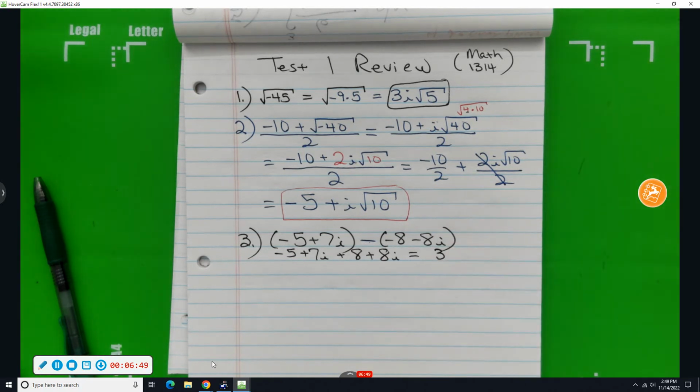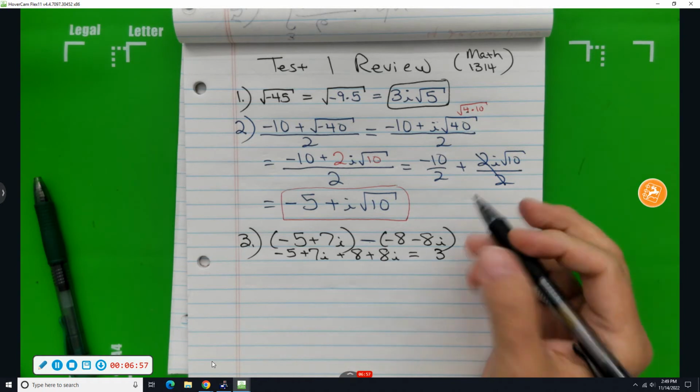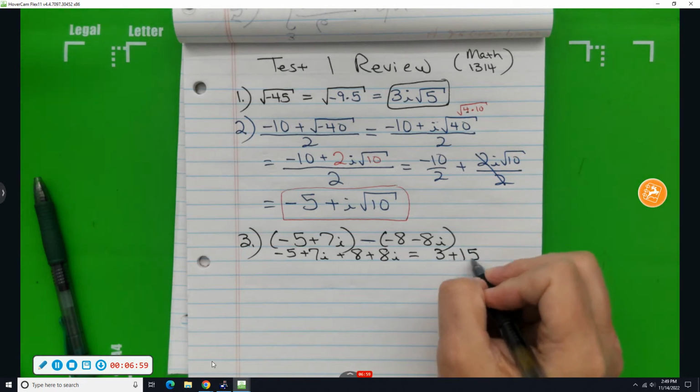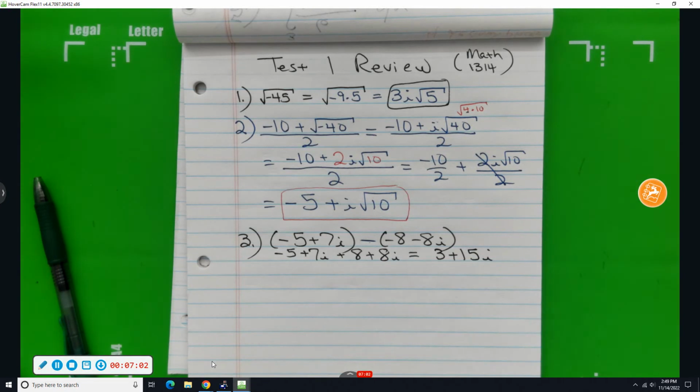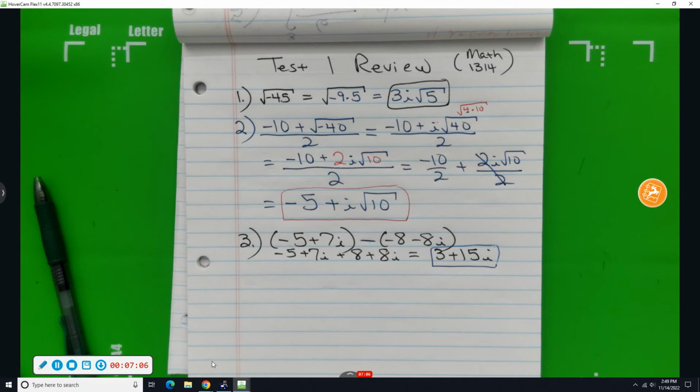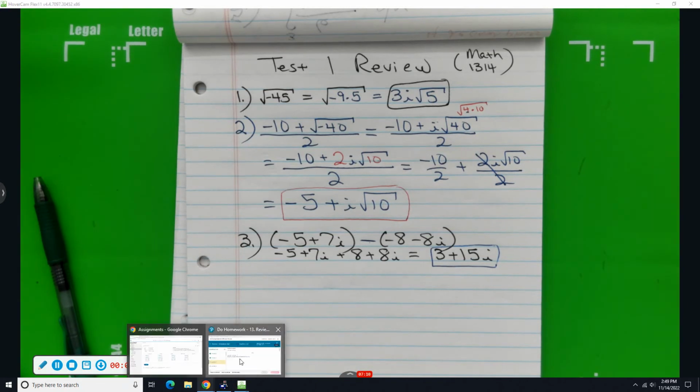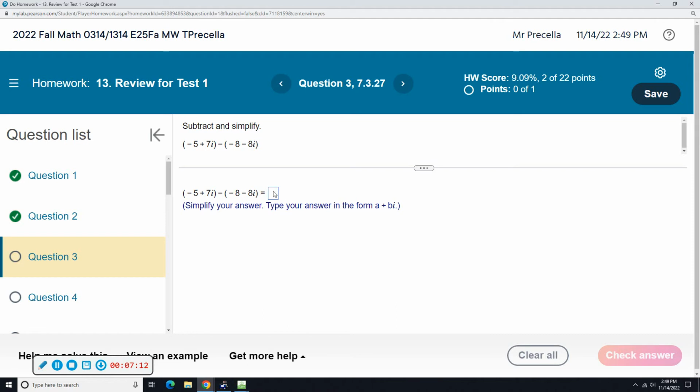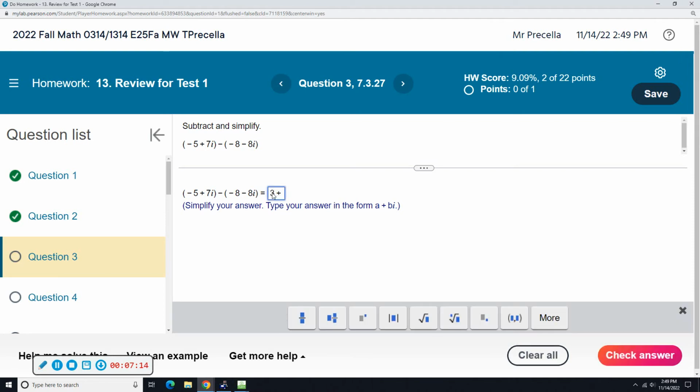And what are we going to have with the i's? 7i plus 8i. I agree, that's a +15i. So our final answer is 3 plus 15i. Don't forget your i.